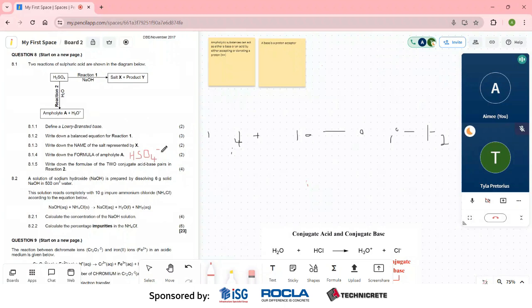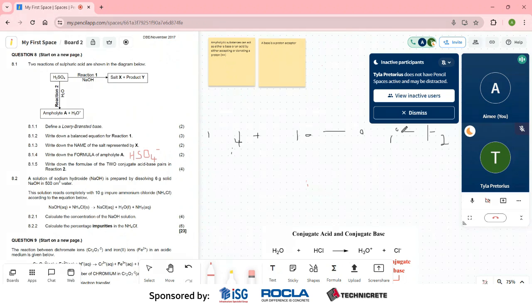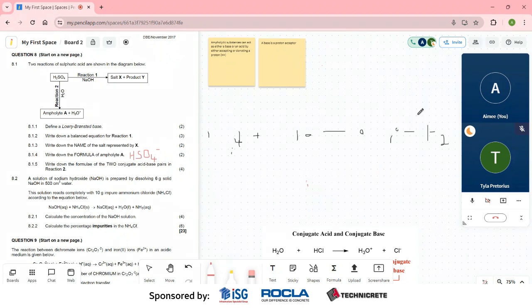Okay, so now we move on to 8.1.5. Write down the formulae of the two conjugate acid-base pairs in reaction 2. Okay, and your conjugate base pair, so they're not actually asking you to specify which one is which, they're just asking you to tell them which were the reaction pairs, okay?